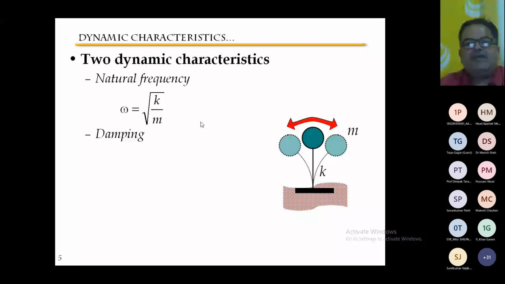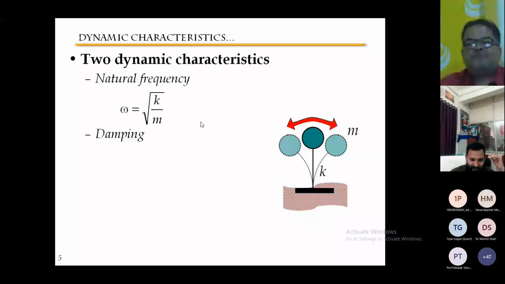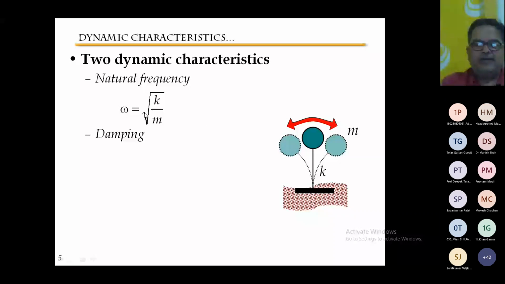If we talk about the natural frequency in terms of cycles per second, then it will be f is equal to 1 upon 2 pi times square root of k by m, right? So here this frequency depends on k and m, these two properties. k is the stiffness of the system and m is the mass, right? So this is very important for us.